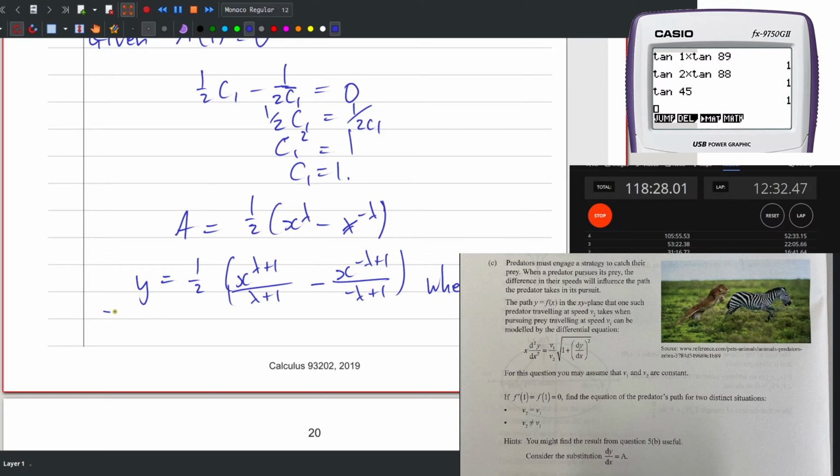When lambda is not 1, you get y of 1 equals a half.